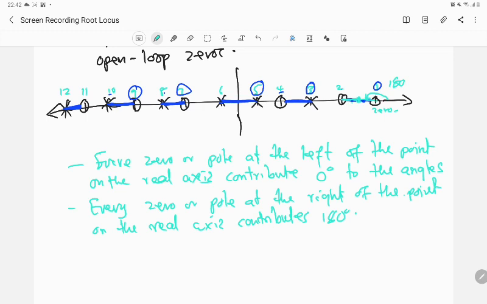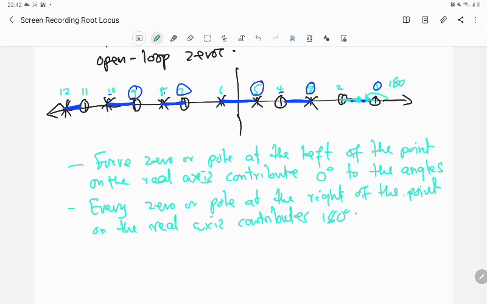So for this point here, x, the angle contribution from the pole here on the right is 180. That of the zero on the right is 180. That of the zero on the left is going to be what? It is going to be 0.